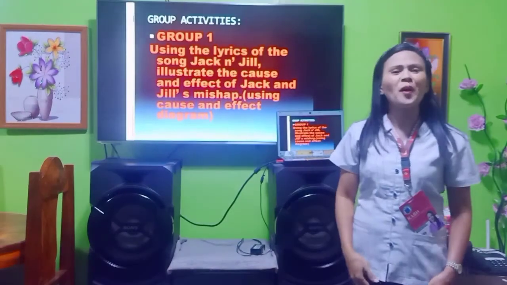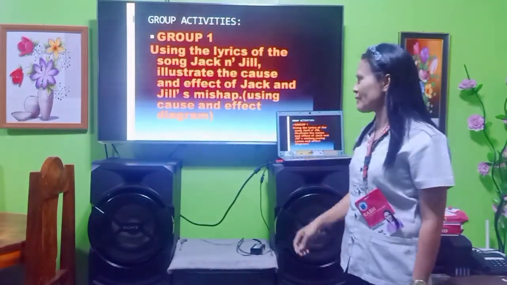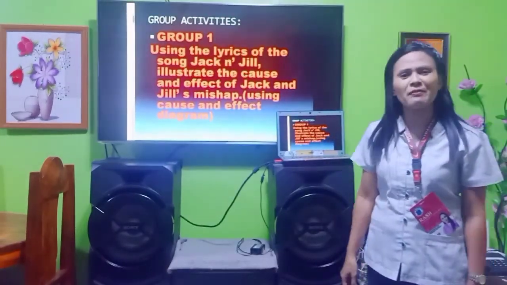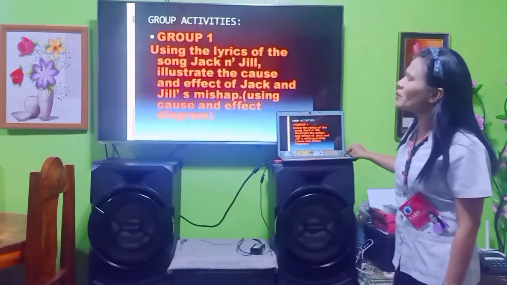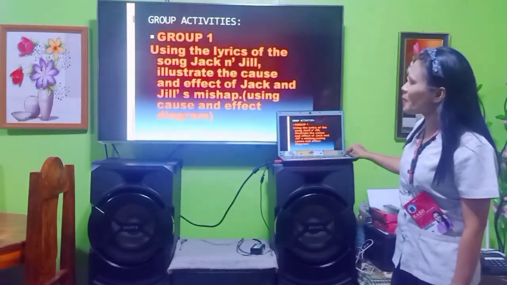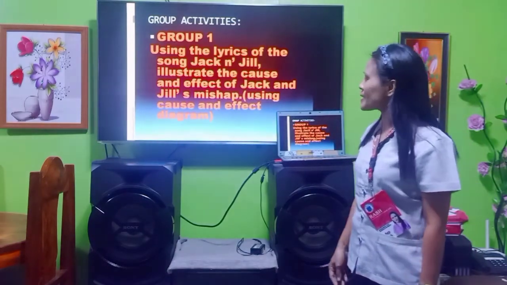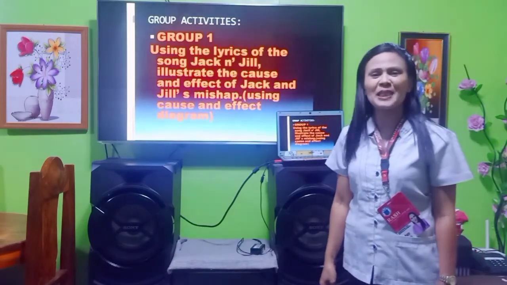So I know you have understood the lesson well, so let us proceed to our activity. So this one will be a group activity. So go to your respective groups as you will be doing something. Group 1, you will be asked to use the lyrics of the song Jack and Jill to illustrate the cause and effect of Jack and Jill's mishap using the cause and effect.